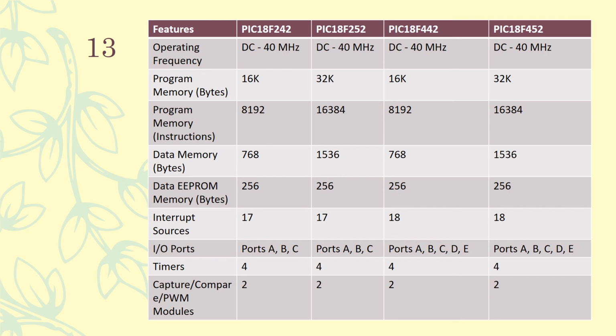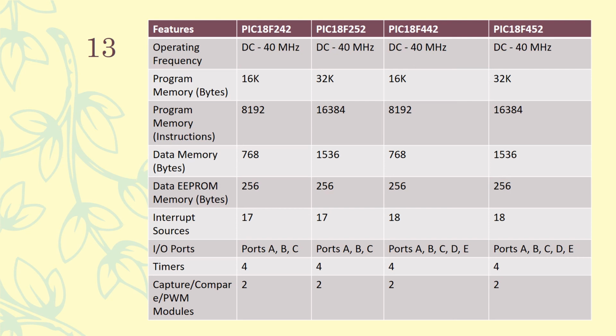Data memory also I listed 768, 1536, 768 and 1536. Data EEPROM 256, 256, 256, 256. In the earlier table also I mentioned explicitly because that is playing a very important role, because memory is one of the major issues from speed point of view while choosing the microcontroller. So a separate table is to be always remembered by the programmer, and that's why I have separated that out.